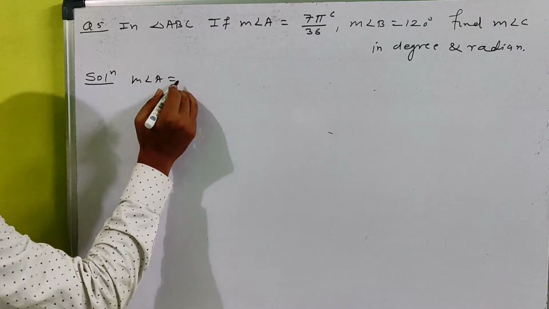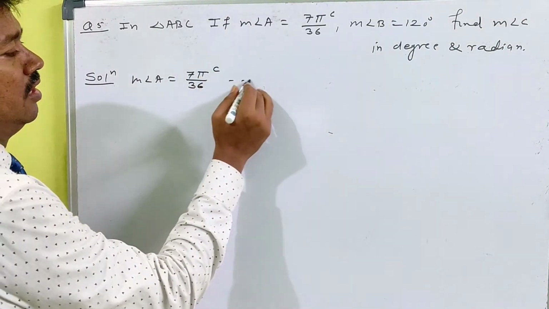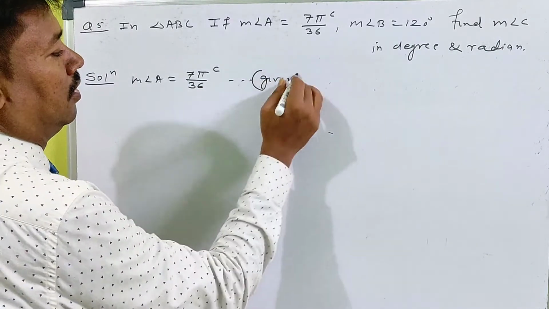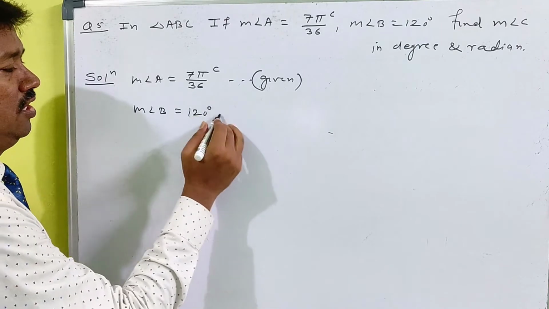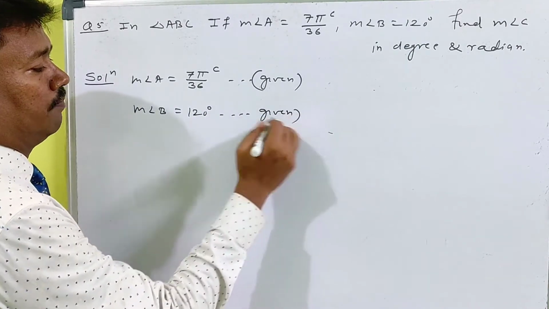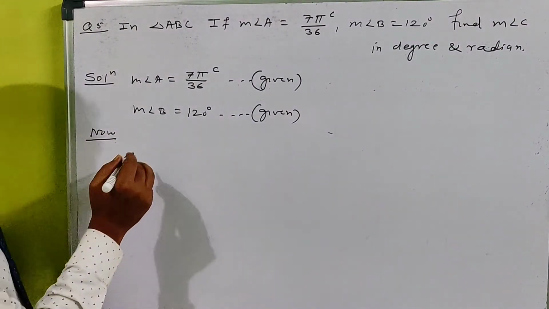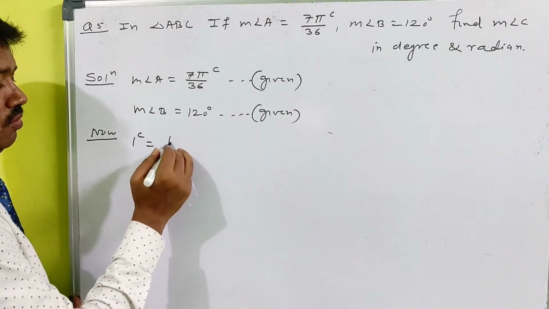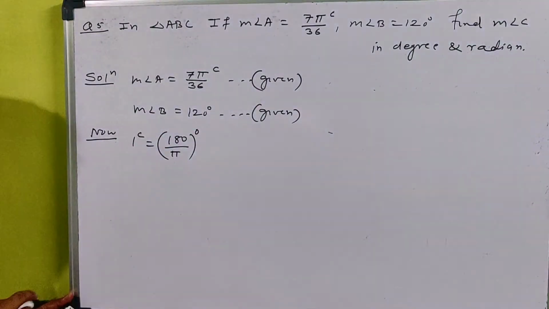Measure angle A is equal to 7 pi upon 36 radian. That is given. Measure angle B is 120 degree. That is also given. Now, 1 radian is equal to 180 upon pi degree. That we know.